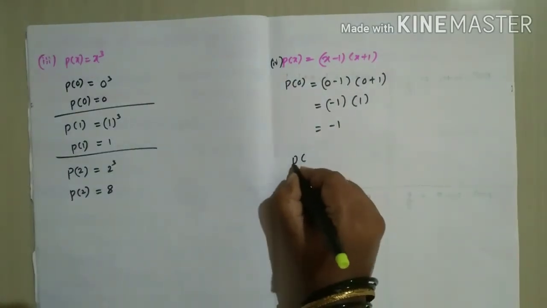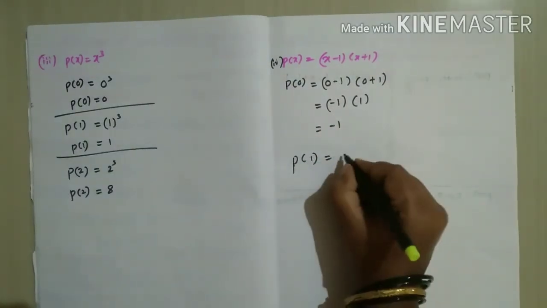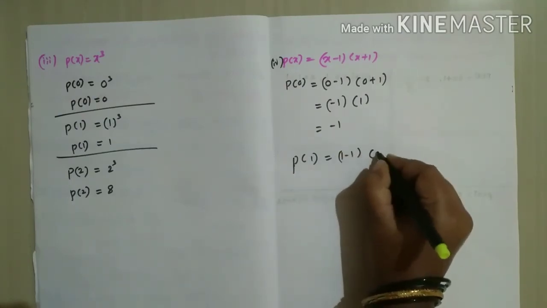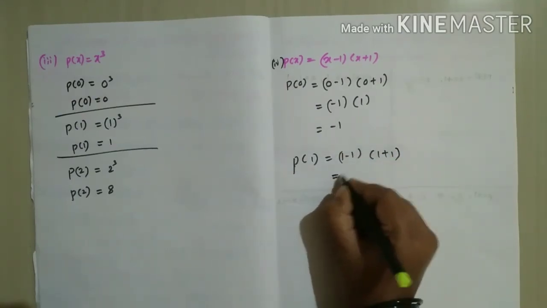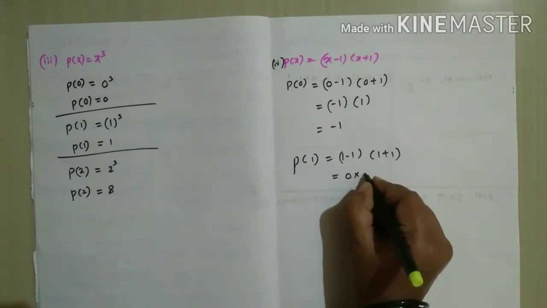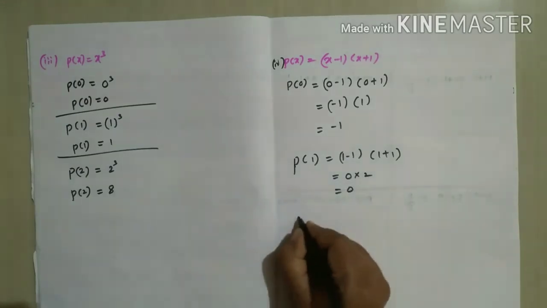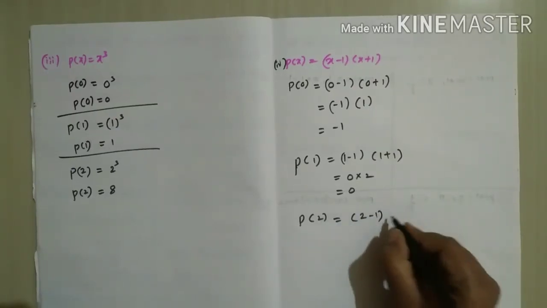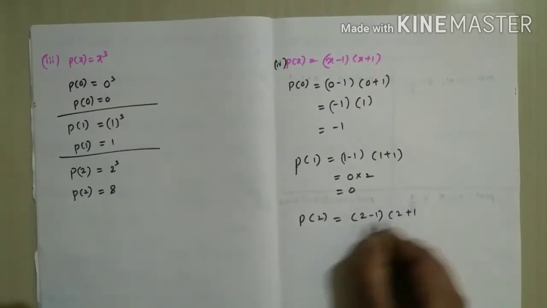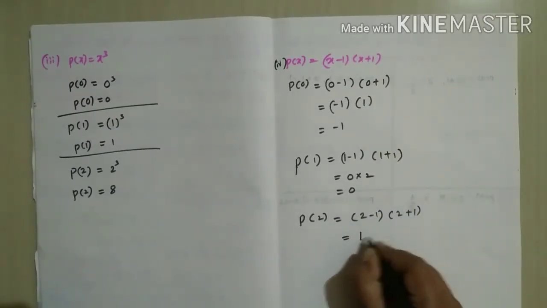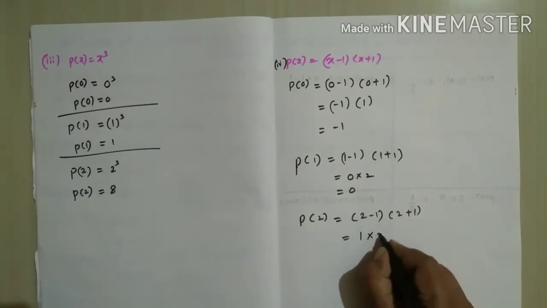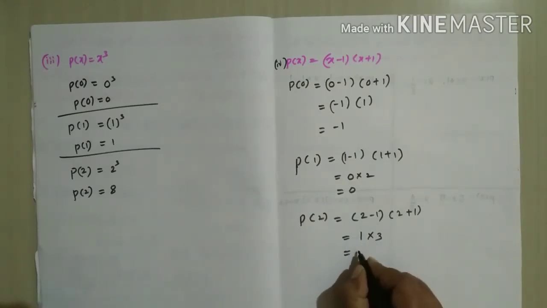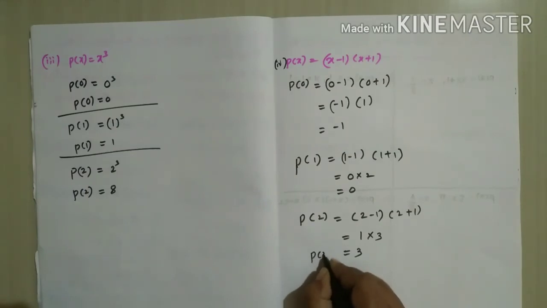Then P of 1. 1 minus 1 into 1 plus 1. Here 1 minus 1 is 0. 0 into anything is 0 only. Then P of 2. It will become 2 minus 1 into 2 plus 1. So it will become 1 into 3. So it will become 3. This is P of 2.